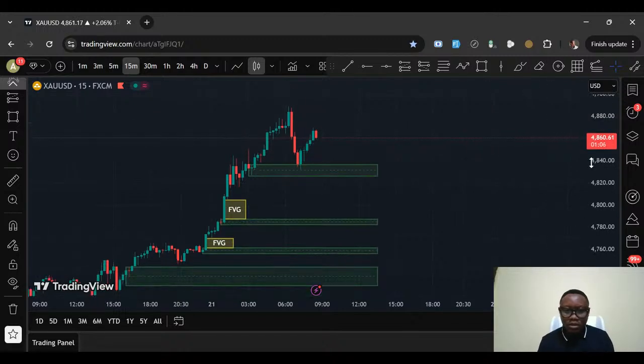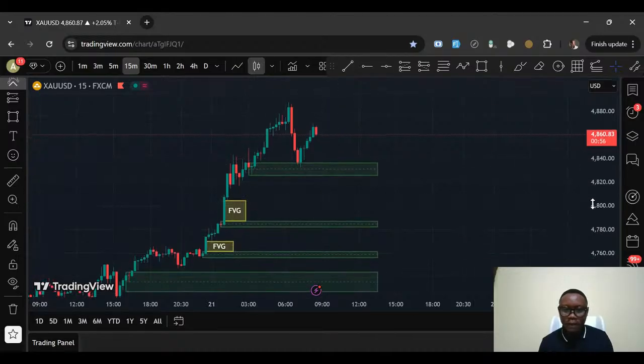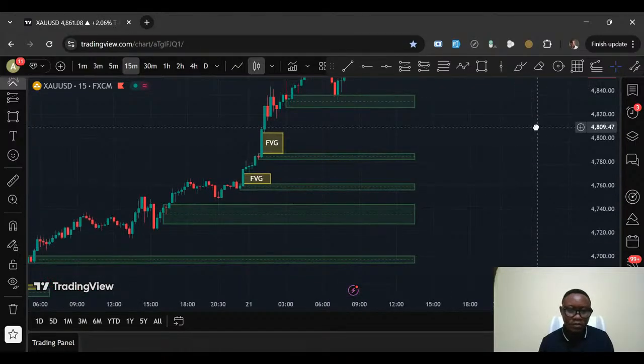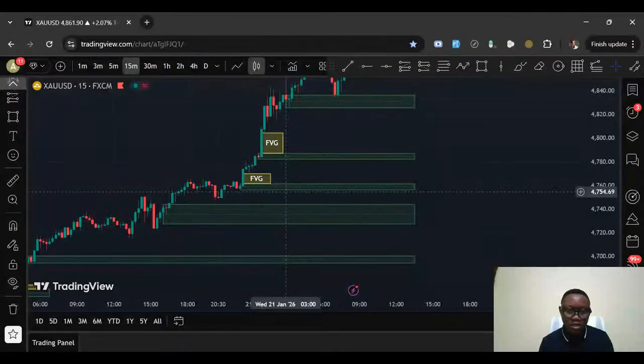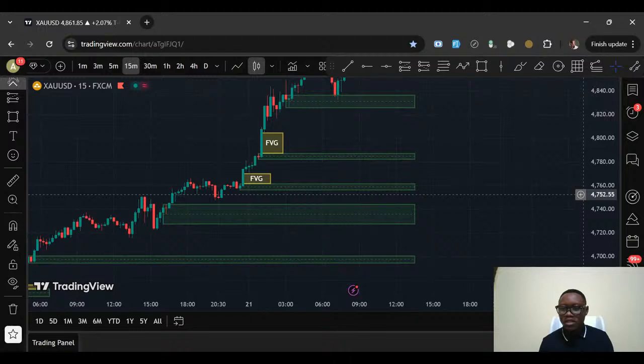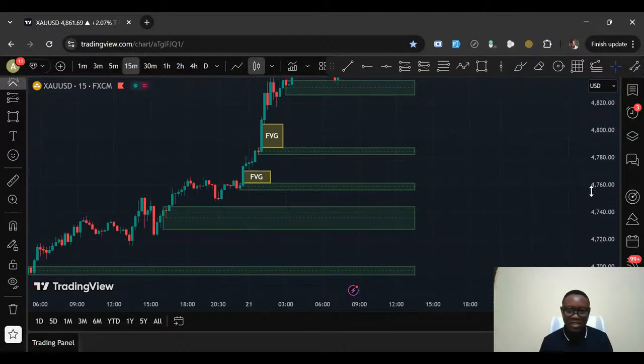All right. So we have this. It has been mitigated though, but it's not until we get to the 5M time frame that we see if there's a fair value gap there, which price might want to fill. Okay, so we have this. There is a zone here, but I'm not going to mark this. I would rather extend my SL for this to this, right? There's a zone there.